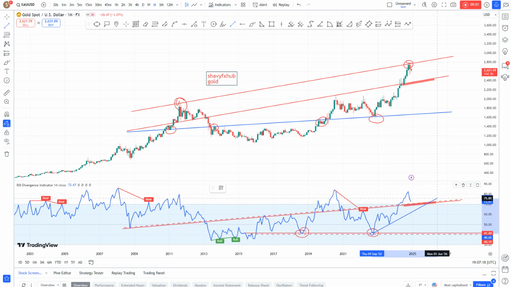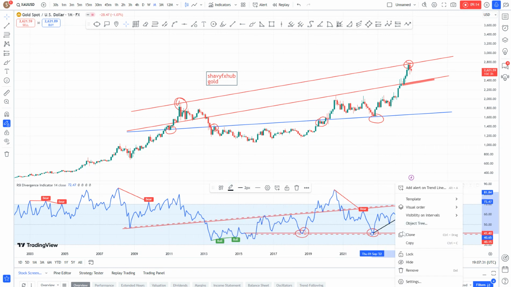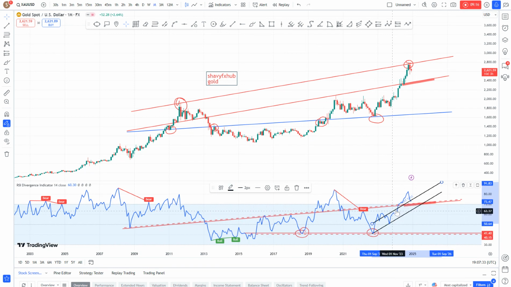Then we also look at the trend angle. Here we see that we have a trend angle at this level, indicating also that more selling days are coming and price might likely come to this level where we have an ascending trend line from our RSI divergence. At this level, I want to see price return and give me a potential buy opportunity where we will be waiting.